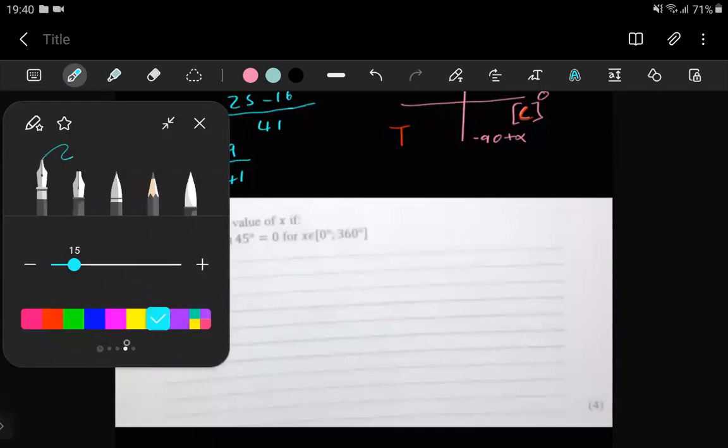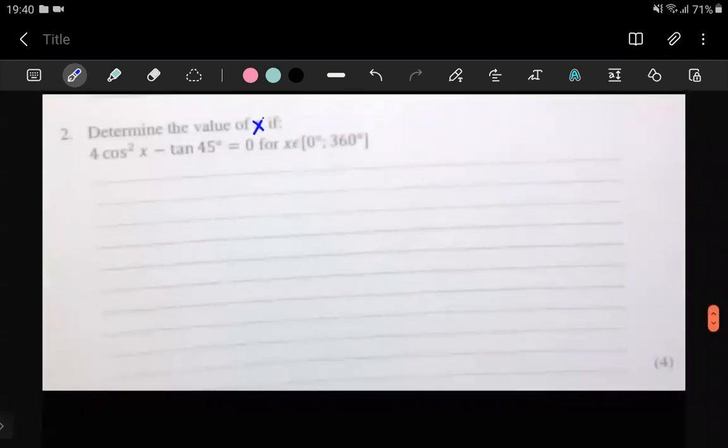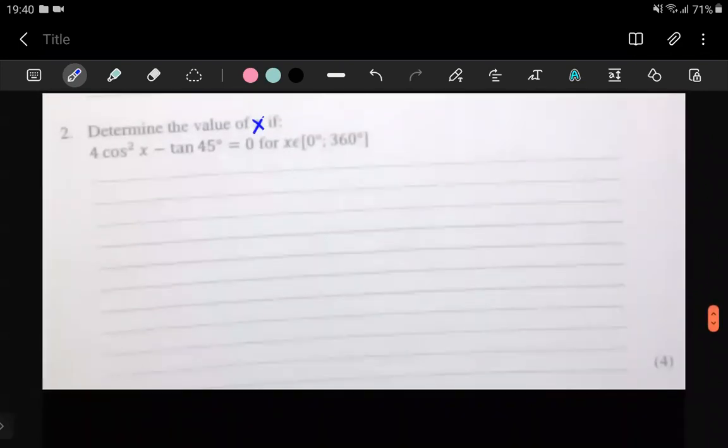So this question here says determine the value of x if this left side is equal to 0. So it's a solve for x kind of question. The issue, well, I don't want to say there's an issue actually, because tan 45 in your calculator or using the special triangle is just going to be 1.